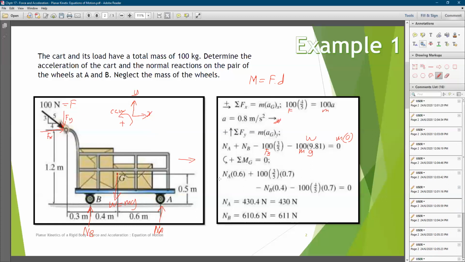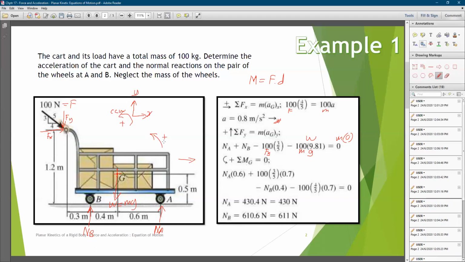Now we look one by one. First, we look at NA, the reaction force at point A here. Here is our center of rotation because we want to determine the moment at point G. NA is pointing upwards, and as it goes up, this point is fixed, so you can see it will make a rotation like that.